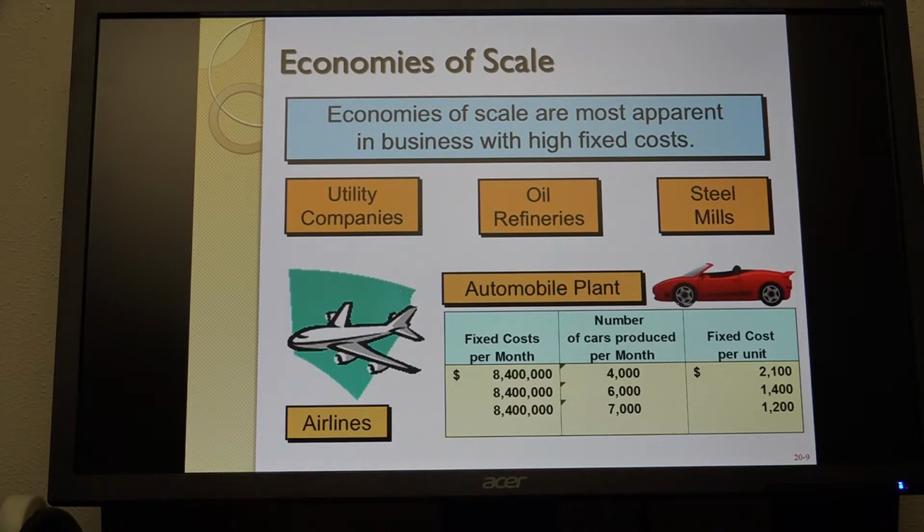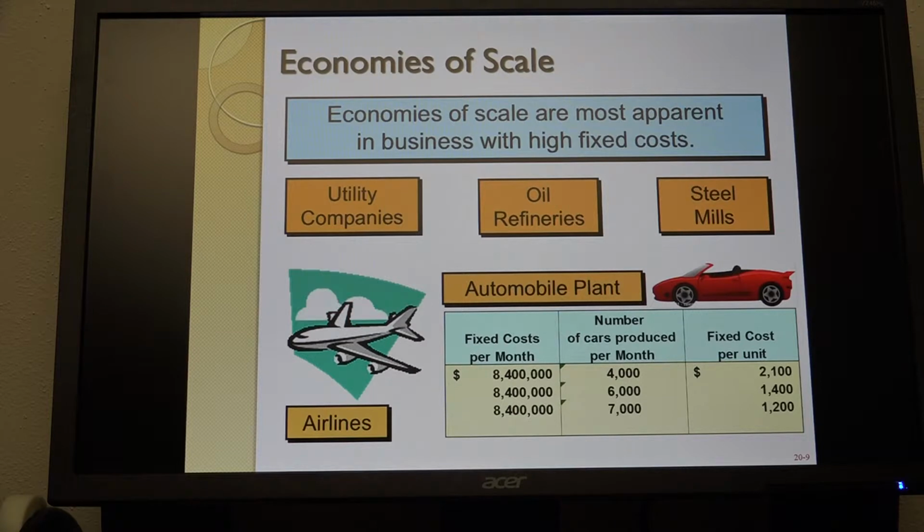And so they have an example here of an automobile plant, fixed cost per month, $8,400,000. Well, they're going to have to pay that regardless, right? And so it behooves them to make more product because their fixed cost per unit goes down.